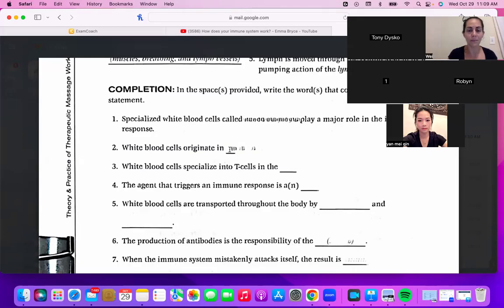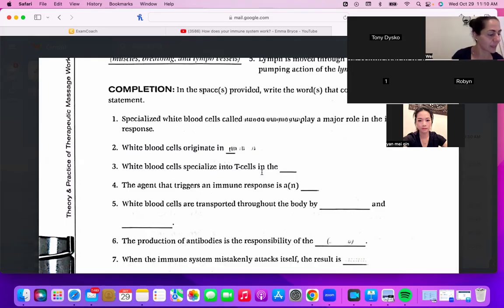Red bone marrow. Correct. White blood cells specialize into T cells. Where do they mature to become T cells? It's one of the organs of the lymphatic system. The thyroid? Close, the thymus.